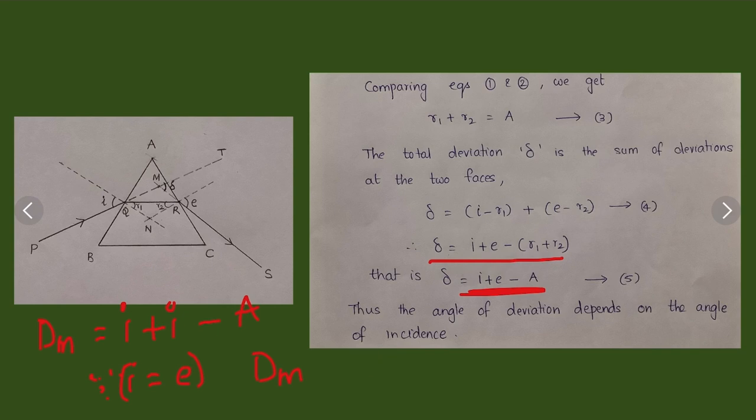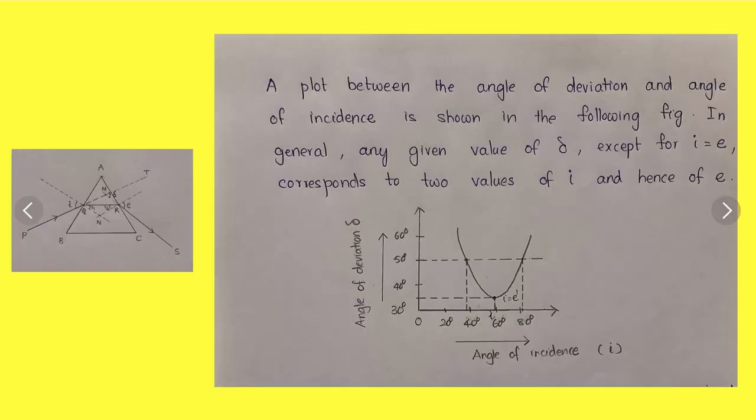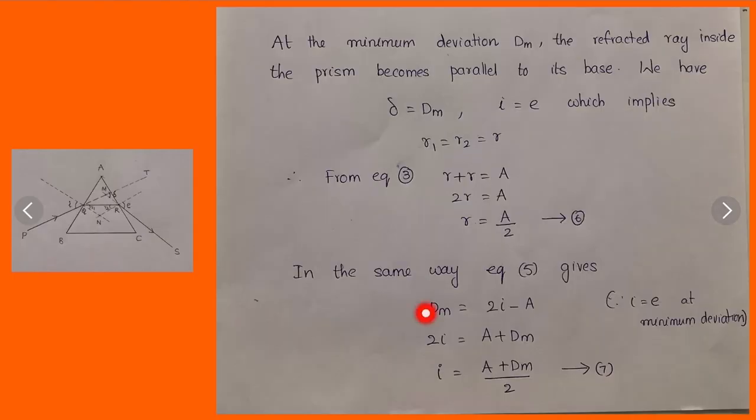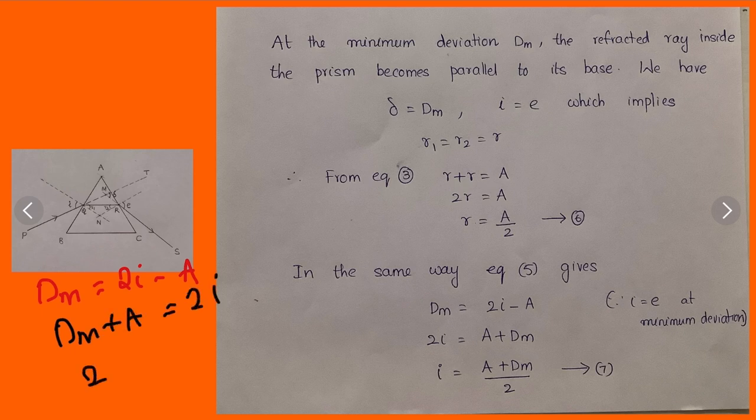Okay, let's go back to the other slide. Before going, I am deleting this data so that you can see the clear notes. Here, dm is equal to 2I minus A. Therefore, bring A to this side: dm plus A is equal to 2I, or 2I is equal to A plus dm.